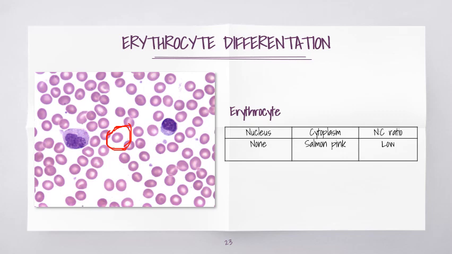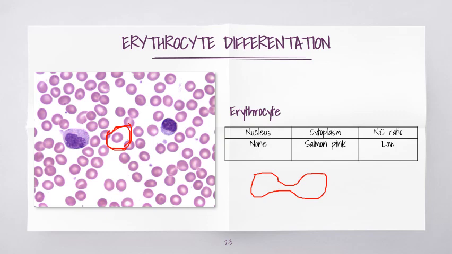This is how it looks because remember its shape. It's a biconcave shape. If we look at it from the side, we will see it like this. Okay, that's biconcave.